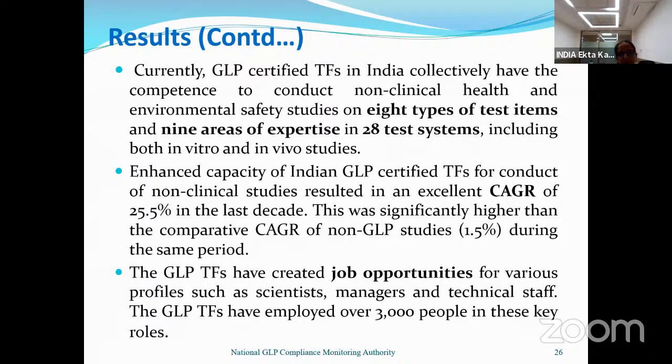The enhanced capacity of Indian GLP certified test facilities resulted in an excellent cumulative annual growth rate of 25.5% in the last decade, which was significantly higher than the comparative CAGR of non-GLP studies during the same period. The GLP test facilities have also created job opportunities for various profiles such as scientists, managers, and technical staff. The GLP test facilities have employed over 3,000 people in these key roles.